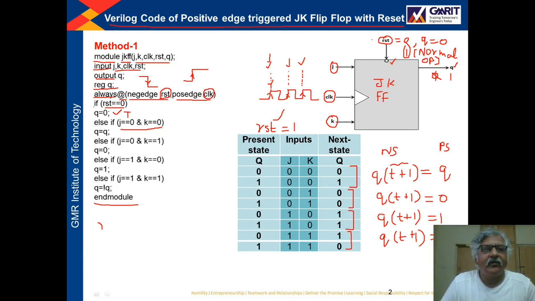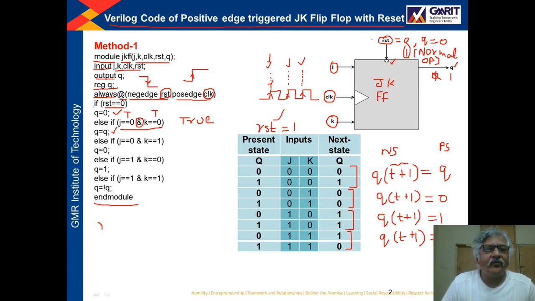And if K is also 0, then this will also give you true. The ampersand means AND operation. True and true will give you true. So if this condition is evaluated true, then this statement is executed.